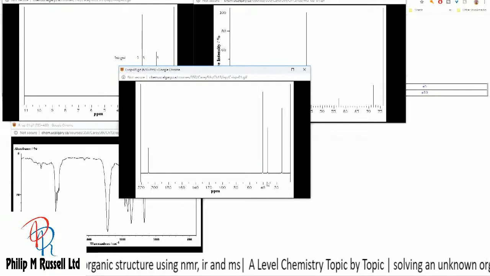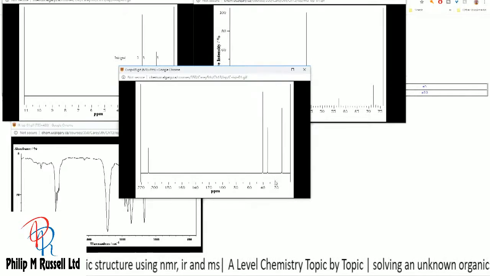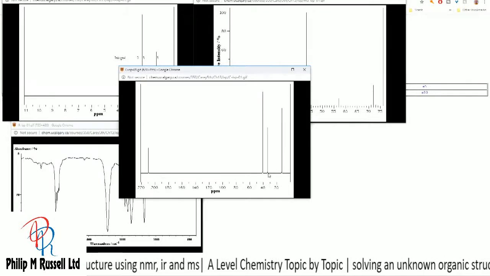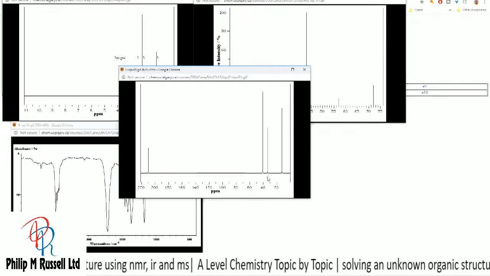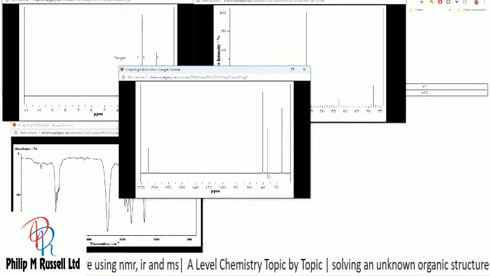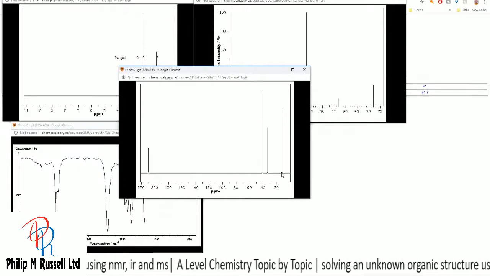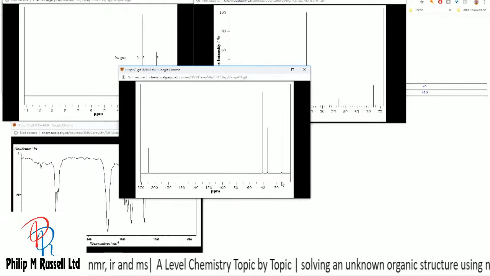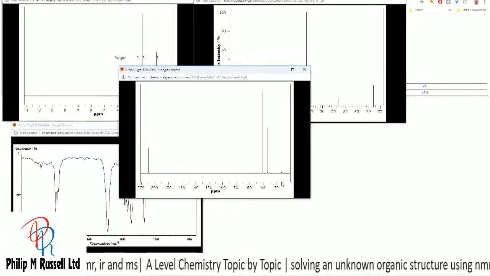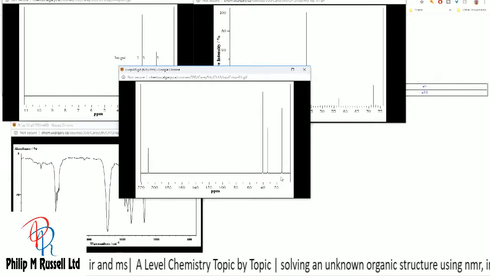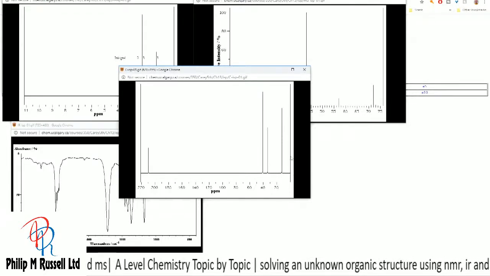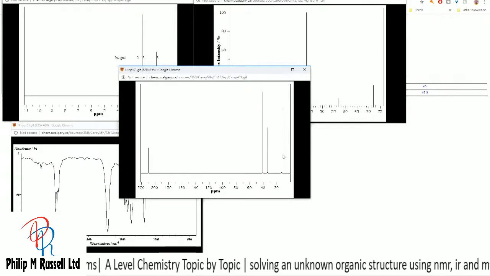We've got another one about 33, 34, about 34. And I've got one about 12. Trying to guess what they are. Okay, so 3 different hydrocarbon environments.